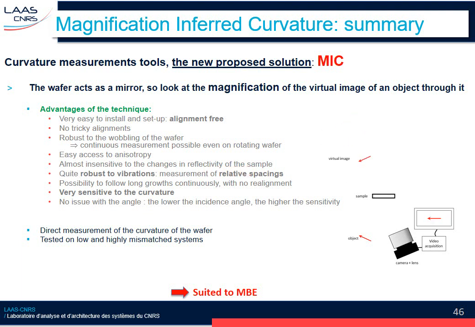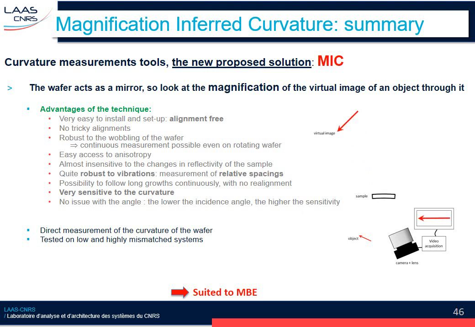Because you're using white light and not monochromatic light, we can use this system even if we grow Bragg mirrors, for instance. It's quite robust to vibrations because we measure relative spacings between spots. And it's also very sensitive to curvature. We can study very low mismatch systems.